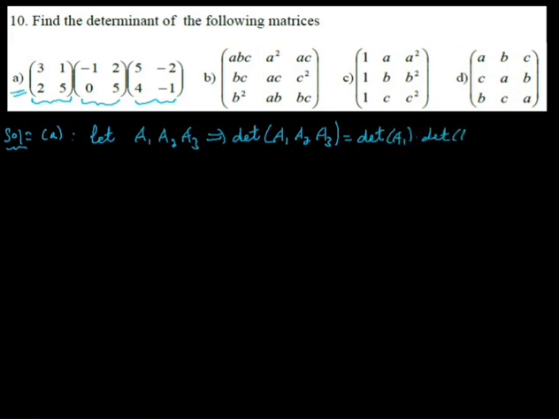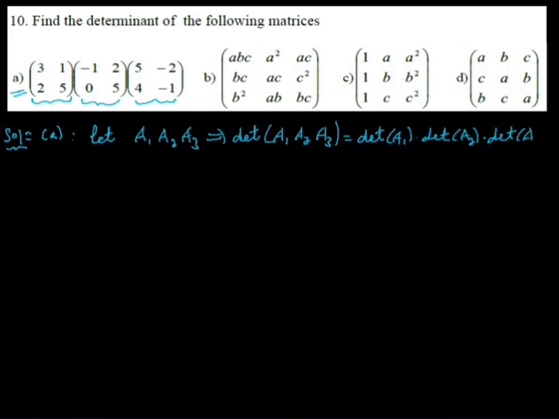For example, if we have the product of three matrices A1 times A2 times A3, the determinant of the product of these three matrices is equivalent to the determinant of A1 times the determinant of A2 times the determinant of A3.